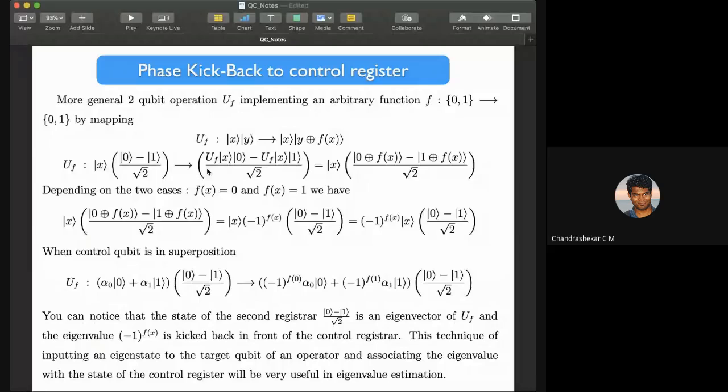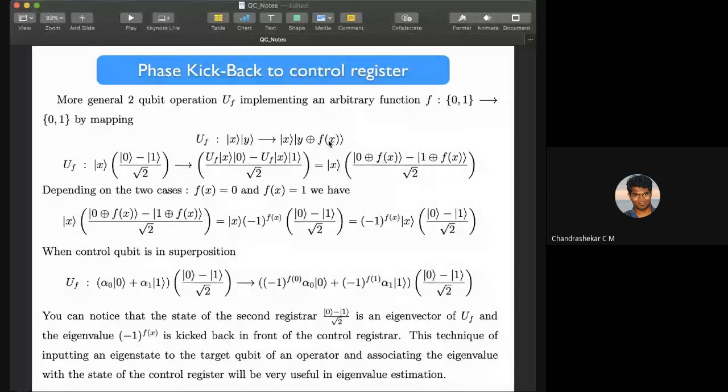It's a unitary operation, but it can be any unitary operation on a 2-qubit system, where you have a control and then you have some state which it modifies. You can always get a phase kickback on this kind of operation. So it does this modification, but because of this x value and the function operating on it, you get it back.